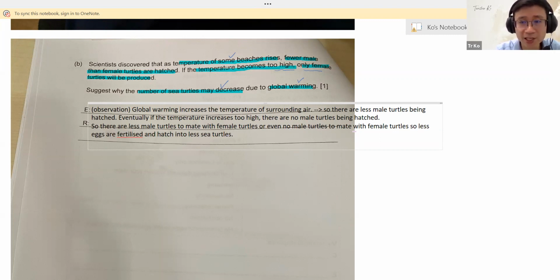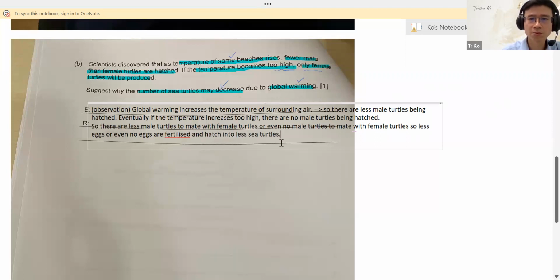So less eggs are fertilized, or even no eggs are fertilized. Less eggs, or even no eggs are being fertilized, leading to less sea turtles, or even no turtles are hatched.